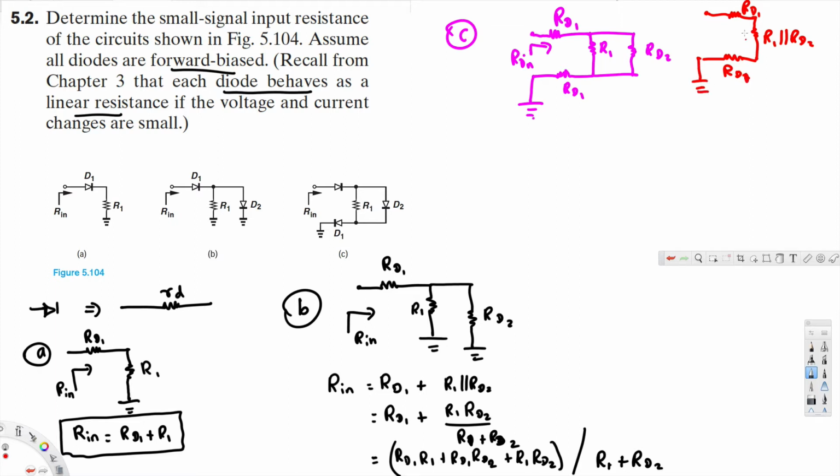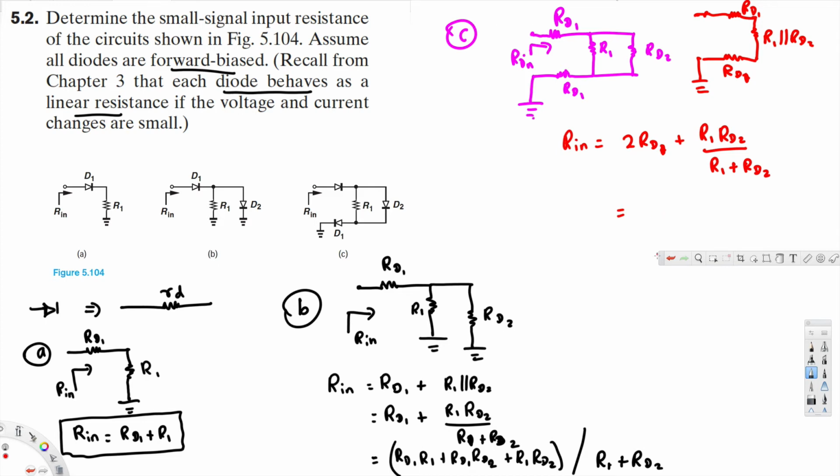Instead of writing RD1 separately, we can directly add them because they are in series, and these two are in parallel. So Rin is equal to 2RD1 plus R1 and RD2 in parallel. This is multiplication over sum, so R1 RD2 divided by R1 plus RD2.